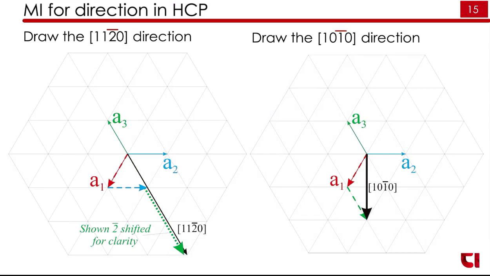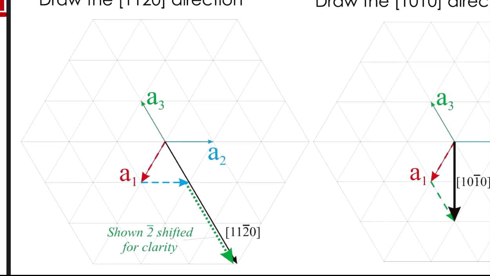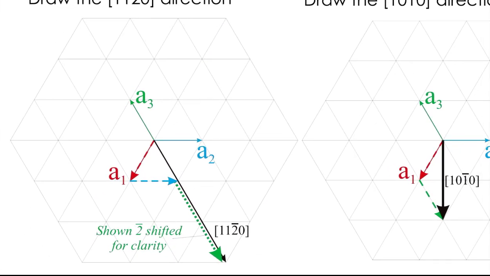First you have to draw the 1, 1, minus 2, 0 direction. I will zoom this. So 1 is for A1, the second one is for A2, third is for A3, and fourth is for C. Since this is in direct space, we will directly find the direction.